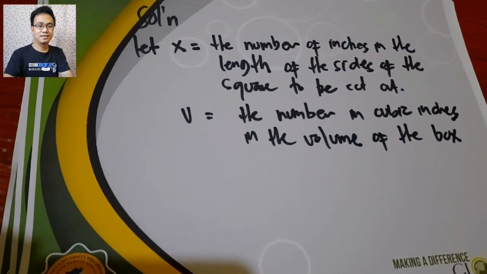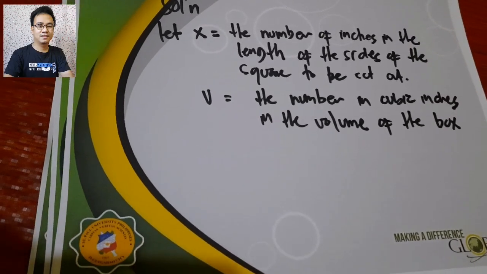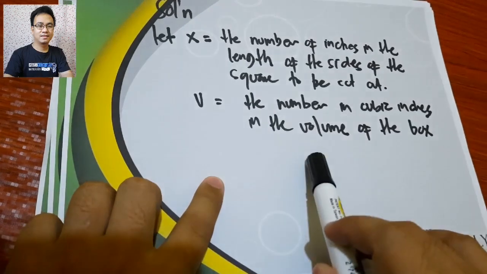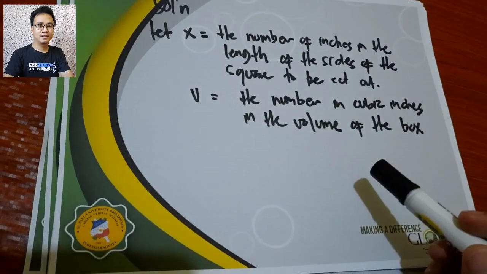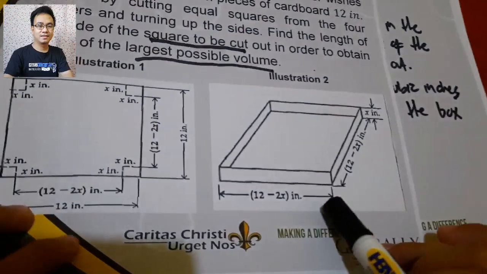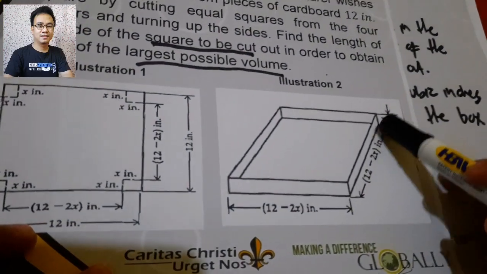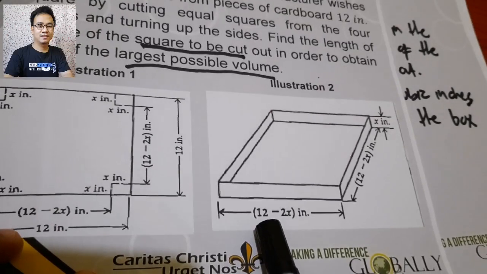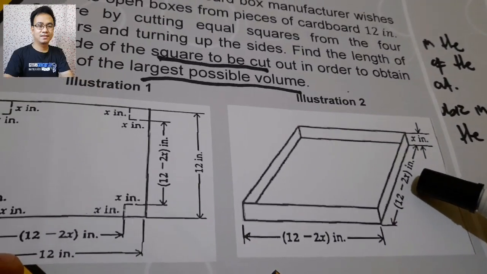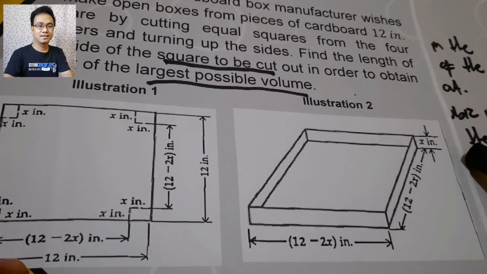The number of inches in the dimensions of the box is known to be the product of the length, the height, and the width. So therefore, going back to our illustration, if this is the length, the height, and this is the width, length is 12 minus 2x, 12 minus 2x for our width, and our height is x.